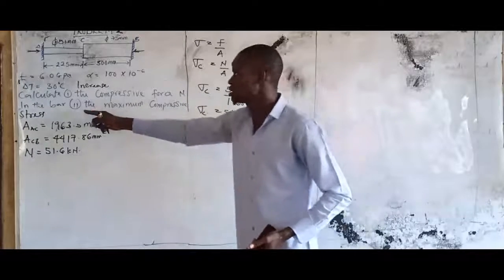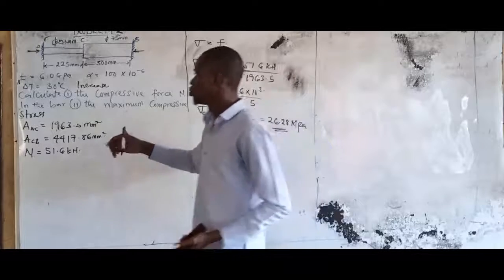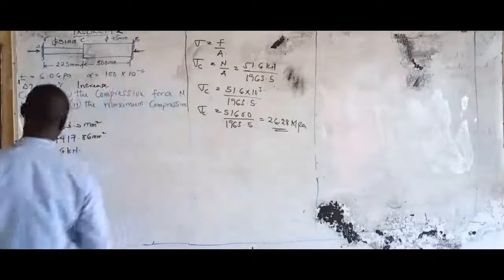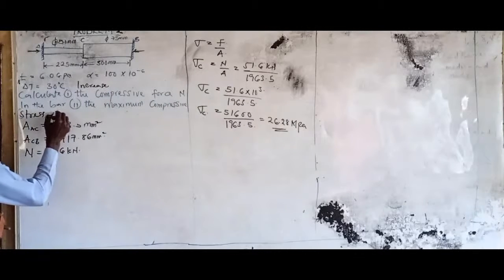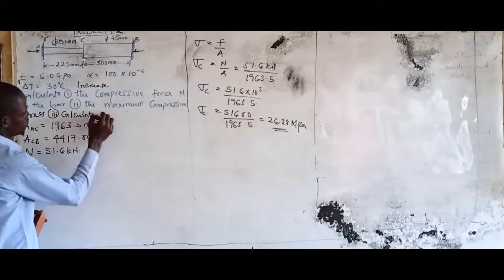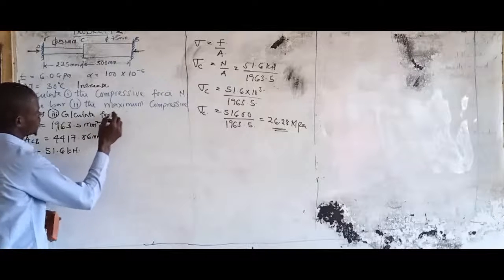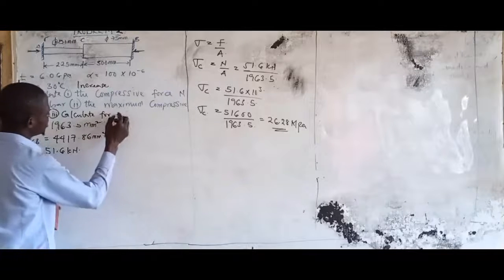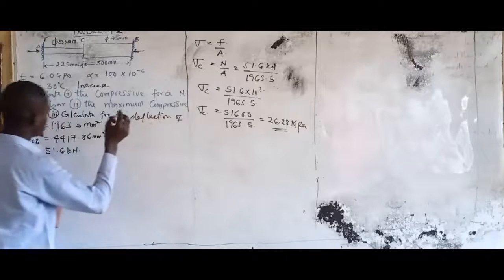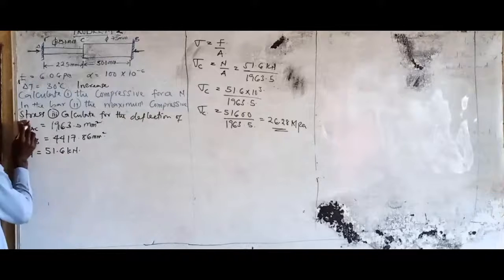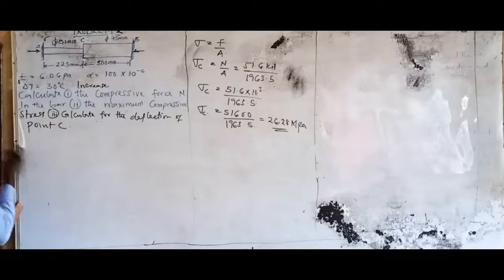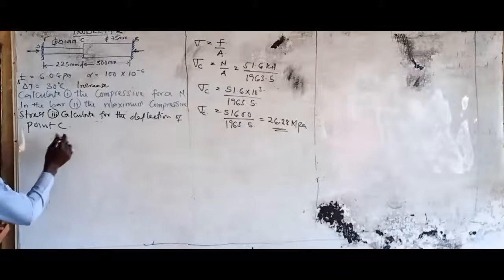Now, the third question says we should calculate the deflection of point C. How do we calculate the deflection of point C?